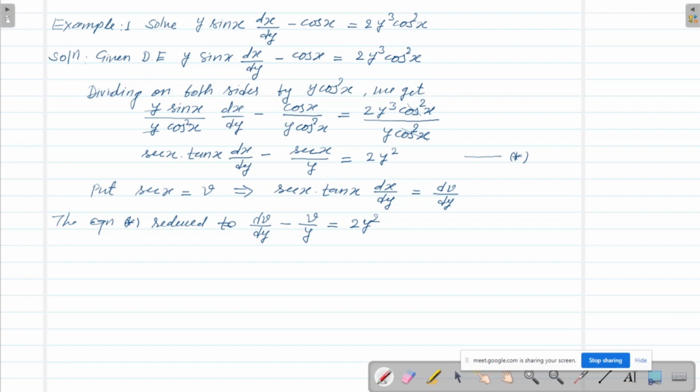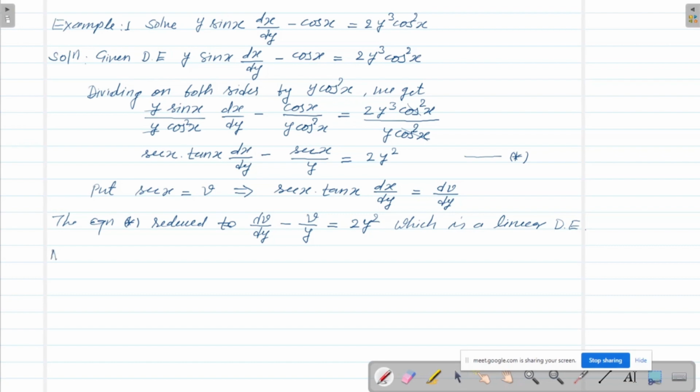Getting? Okay, which is a linear differential equation. Now you know very well how to find the solution of a linear differential equation.